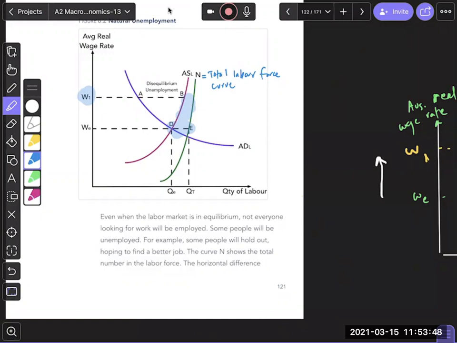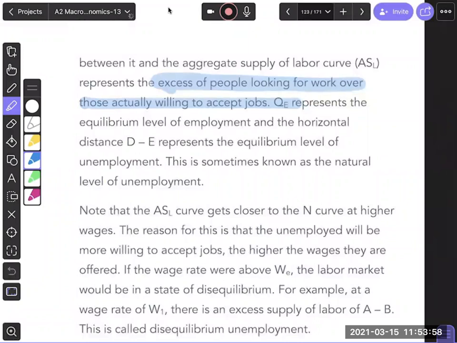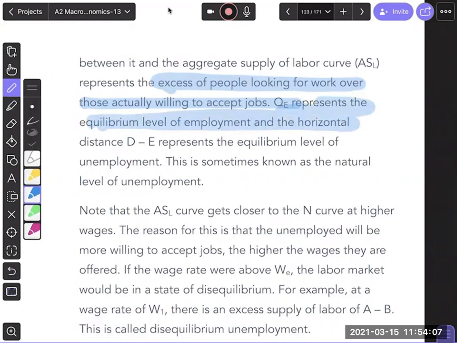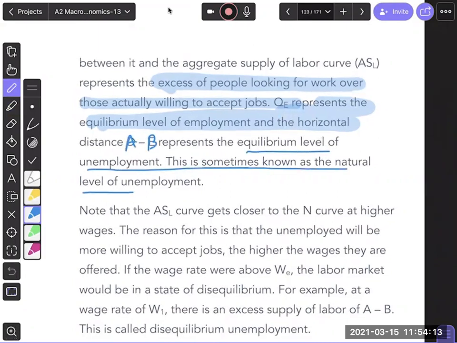So there will always be people who are at equilibrium unemployed. Okay, so the lines should never meet. QE represents the total equilibrium level of employment, and the horizontal distance AB in my diagram right now represents the equilibrium level of unemployment. This is sometimes also known as the natural level of unemployment.